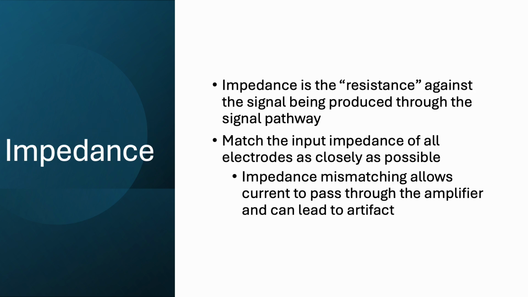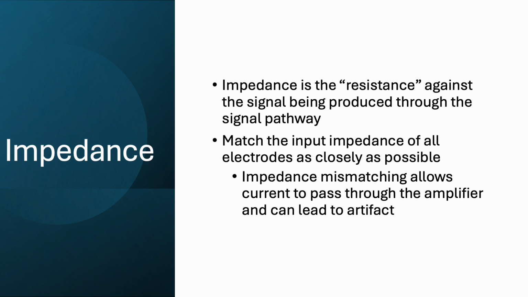So why don't we call the resistance against the signal being produced just resistance? Well, resistance is a measure of DC signals. Because there's polarity in cycles for AC signals, more components come into play and the resistance is more complex. So we call that impedance. The formulas for resistance and impedance are different.